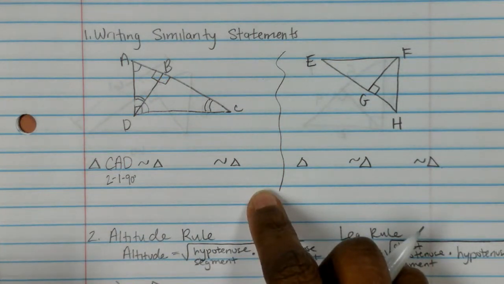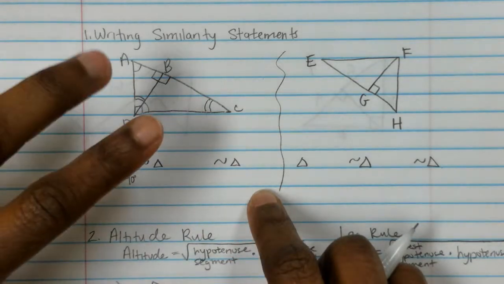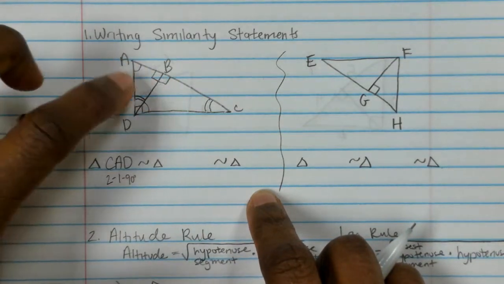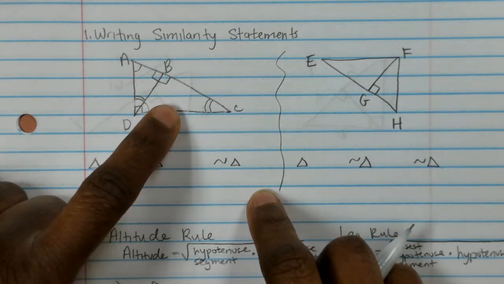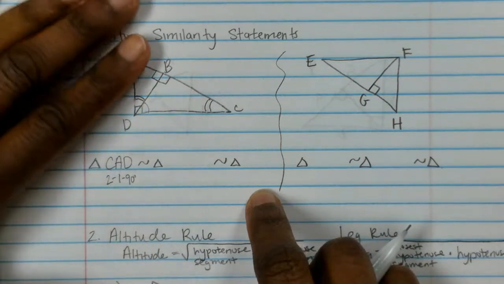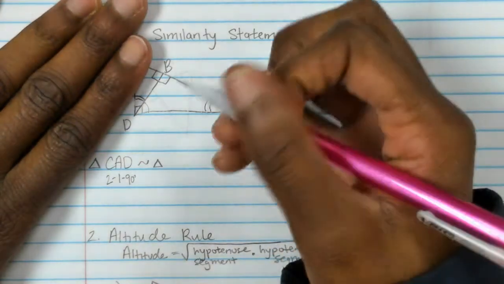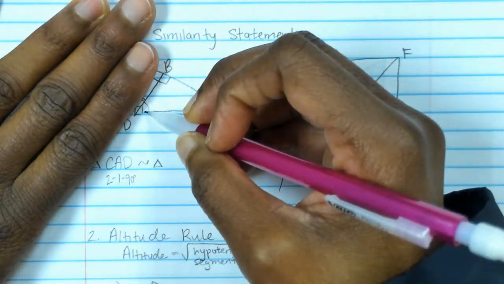I've already labeled all the angles, so I just need to look for a triangle to do second. I can pick the medium triangle or the small one, doesn't matter. So I'll just pick the medium one randomly. And I want to start with the 2 angle mark and then go to the 1 and then the 90. So I would start with C, then go to D, and then B would be my last.